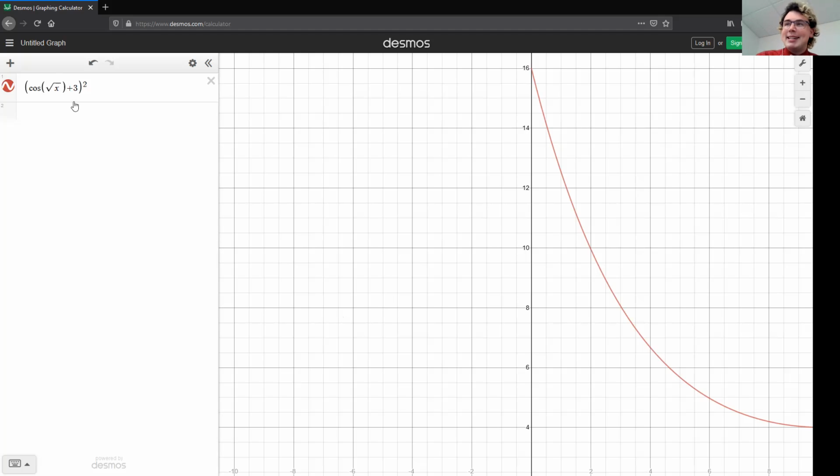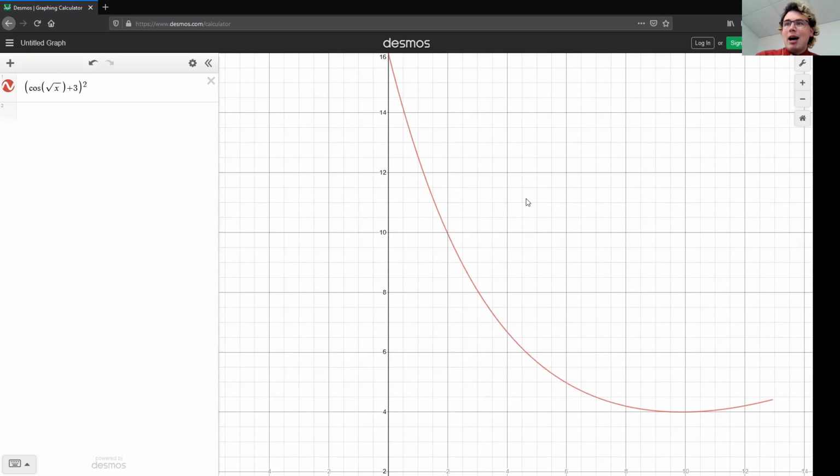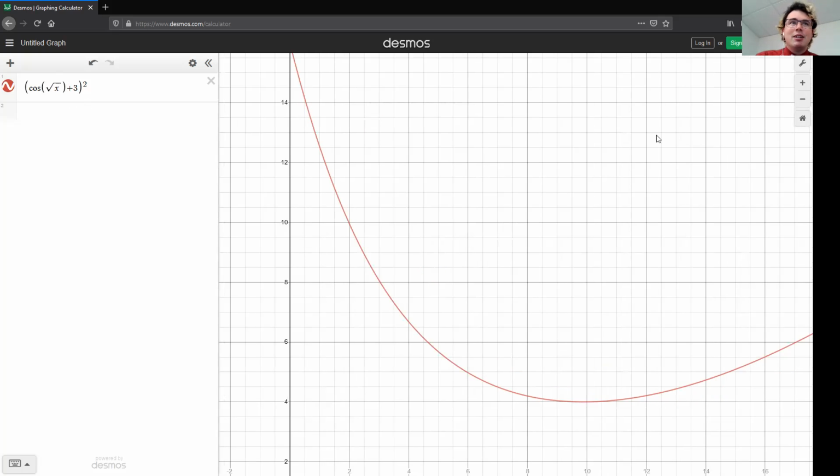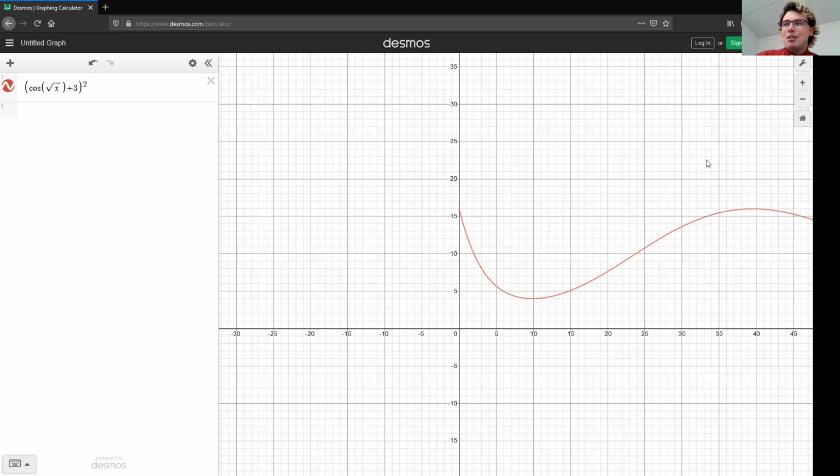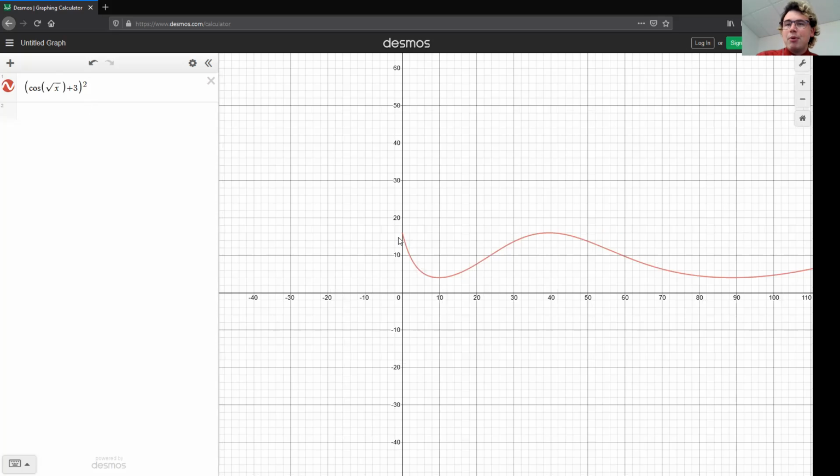So notice that when I did that, in my composed function, in the very most inside I have a square root function. In the middle step, I take the cosine and add 3, and in the final step, I square what I get. This is a nice continuous function, but only for positive values of x.